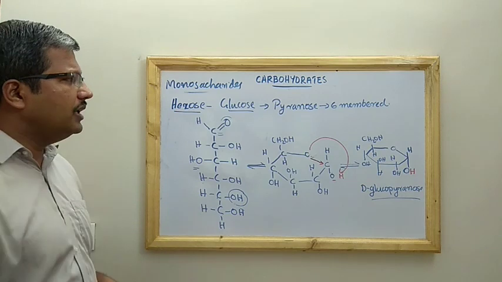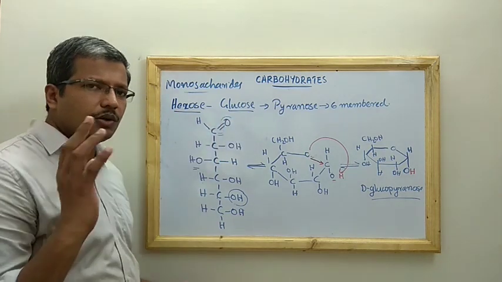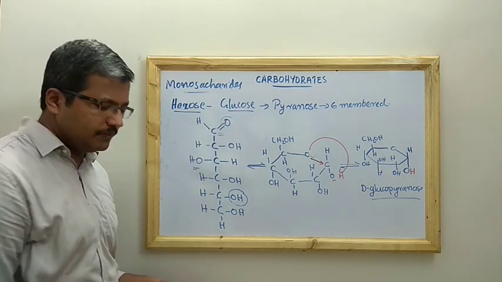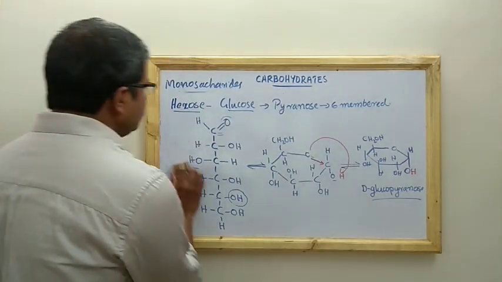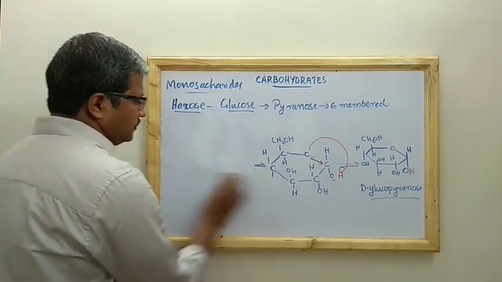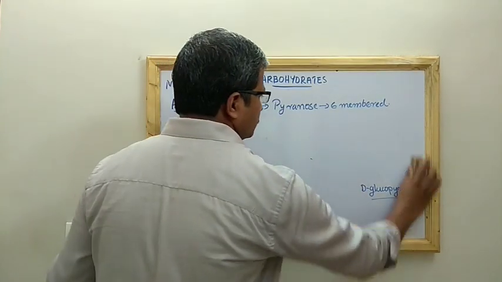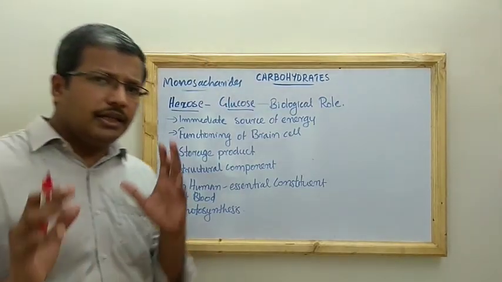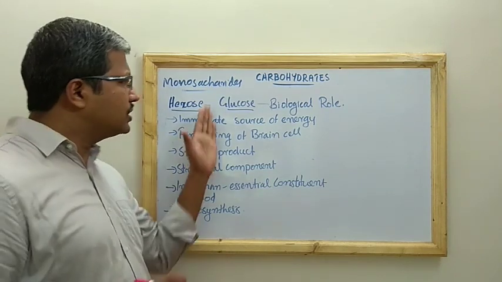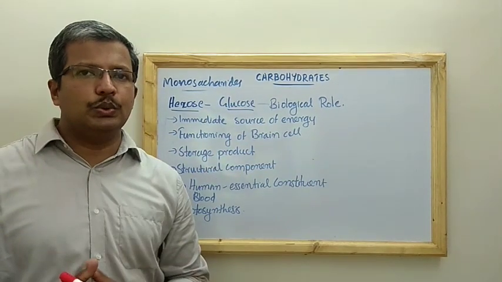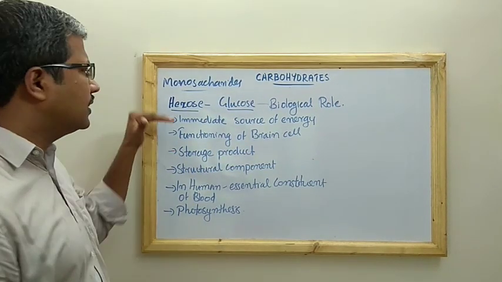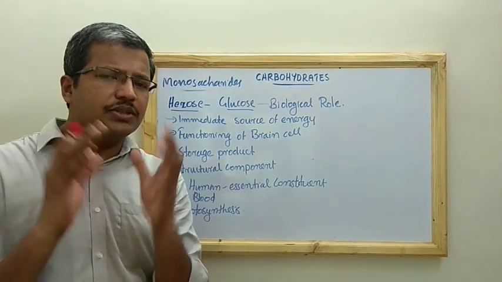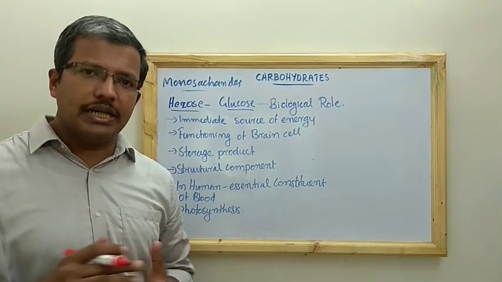Okay, now let us see the function of glucose. What is the role played by glucose? Let us see the biological role played by glucose. The first one: glucose is actually the immediate source of energy in every organism.